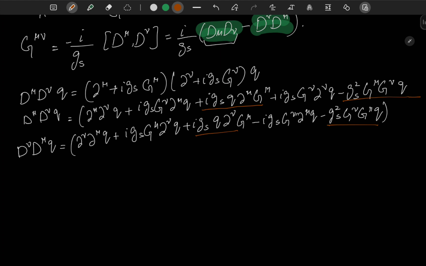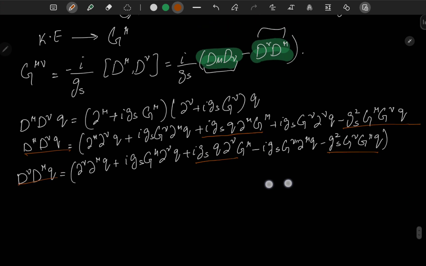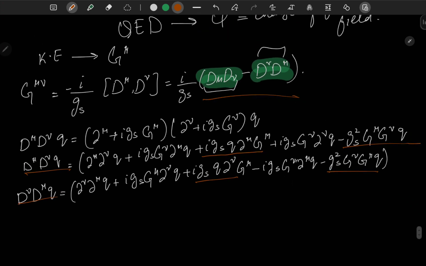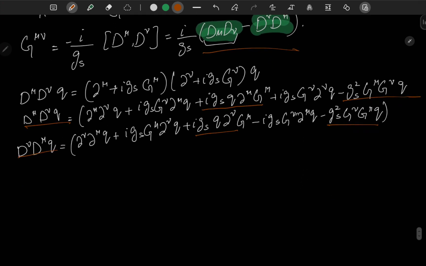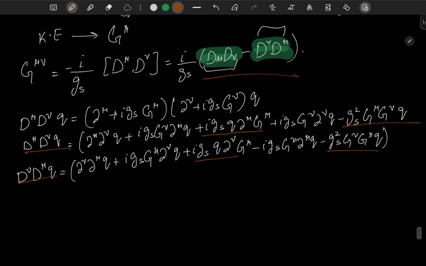So we are going to put these two here, and the symmetric terms will cancel out, and the terms which are not symmetric will be the only ones left behind. Let's see.